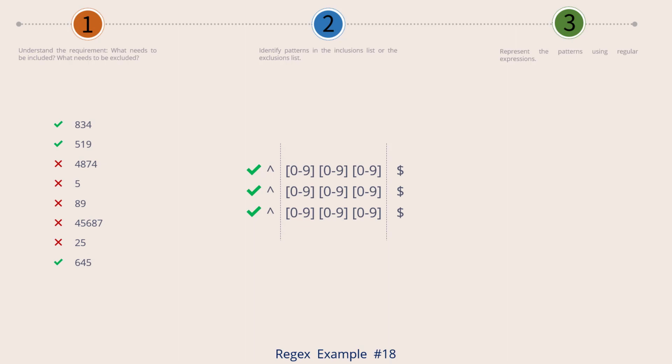Just because it contains a 3-digit number somewhere in between, we don't want to identify it as a positive match. We are only interested in matching the whole string. In order to ensure this, we put the anchor at both ends.